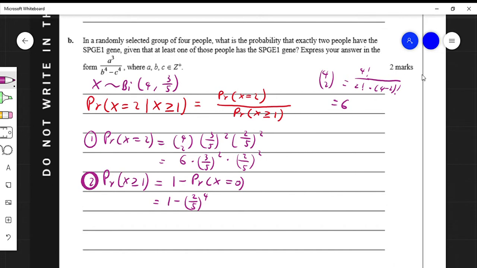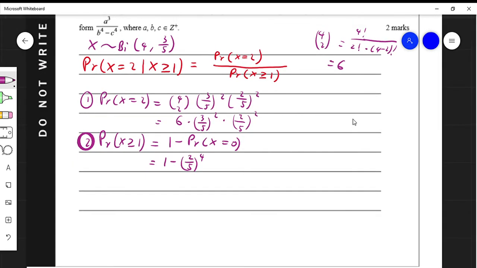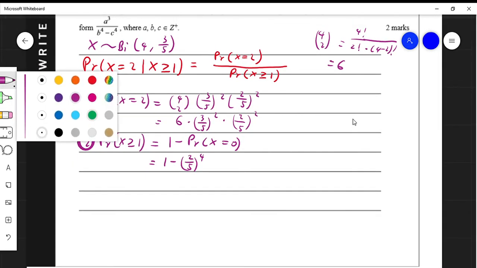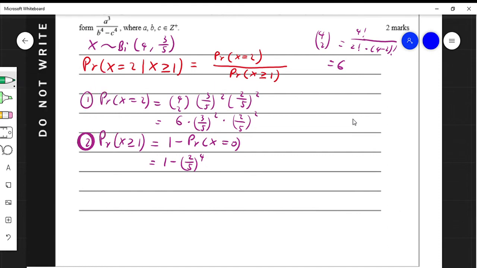Okay, so now I'm going to take the two numbers that we got, and I'm going to divide them the way that we want up there. So we get, this is a gross question, 6 times 3 on 5 squared times 2 on 5 squared divided by, what's that?